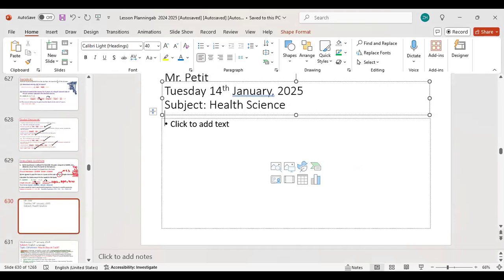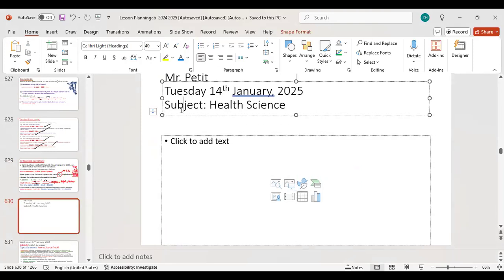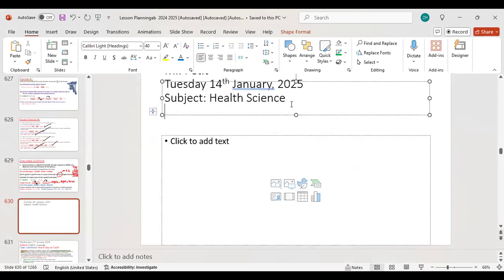We did all of the vitamins, so I think we only gotta do minerals. We gotta do minerals and fiber. Let's see if we can get to them. Minerals and fiber. Let's do that.